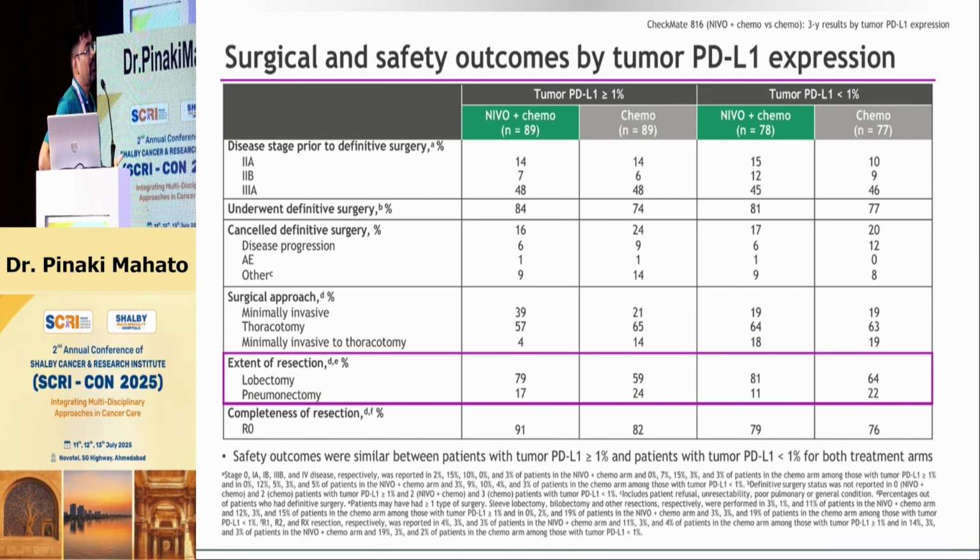Also, one of the important things, as Abhishek Bhai would agree, is that the extent of surgery goes down. This is very clearly evident in the 816, that more patients underwent lobectomy and more patients were able to undergo R0 resection. So Abhishek Bhai, do you find it difficult to get an R0 resection in such kind of patients when you're talking about a T3N1 type of disease?